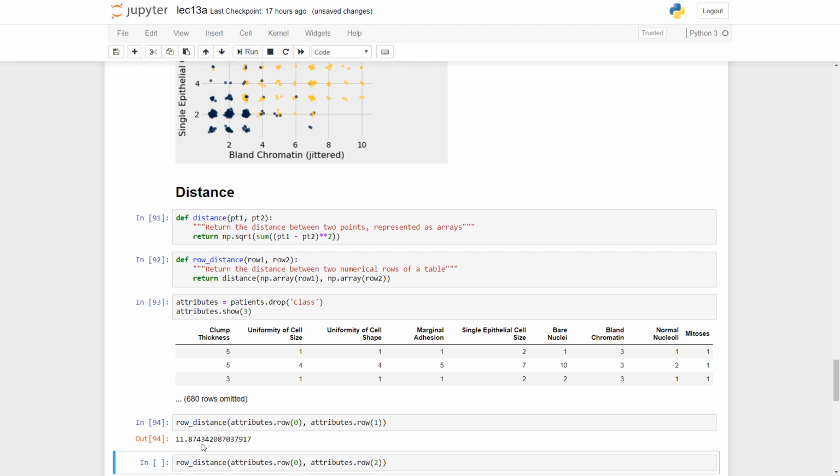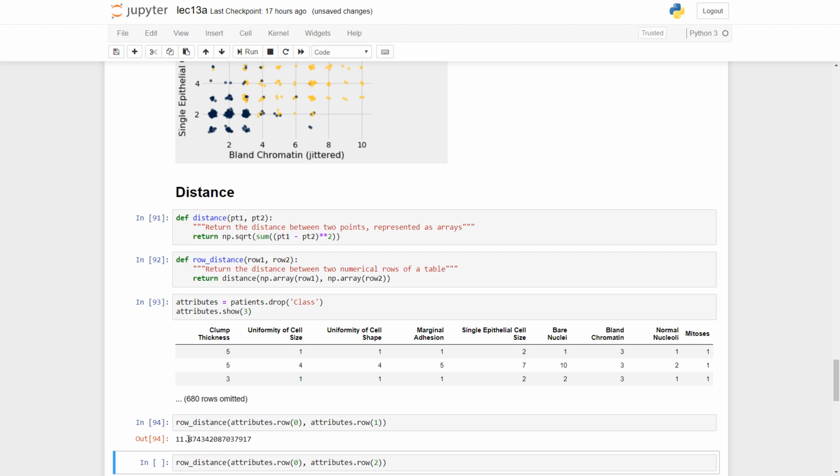So this number now indicates how similar these two examples are to each other. Remember, in nearest neighbor, we need to know for a given example which example in the training data is the most similar one. Now, how can we use the distance to get the most similar one? It will be the least distance, right? So if the distance is very small, then this is the most similar one.